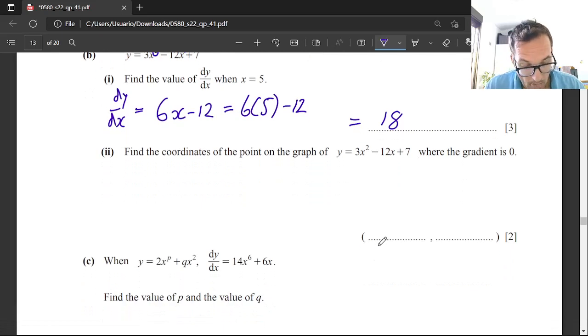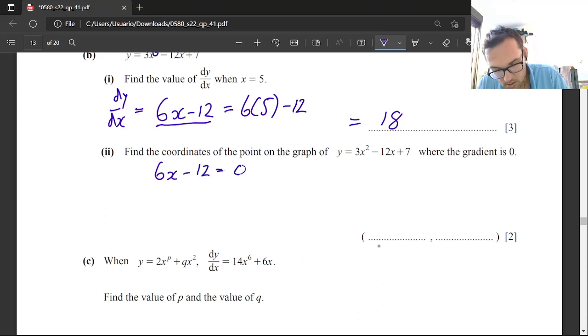All right. That means when the gradient is 0, dy over dx is 0, so all of this is equal to 0. So we set it equal to 0, and then we solve it. So that will be 6x equals 12. Divide the 12 by the 6, x equals 2.